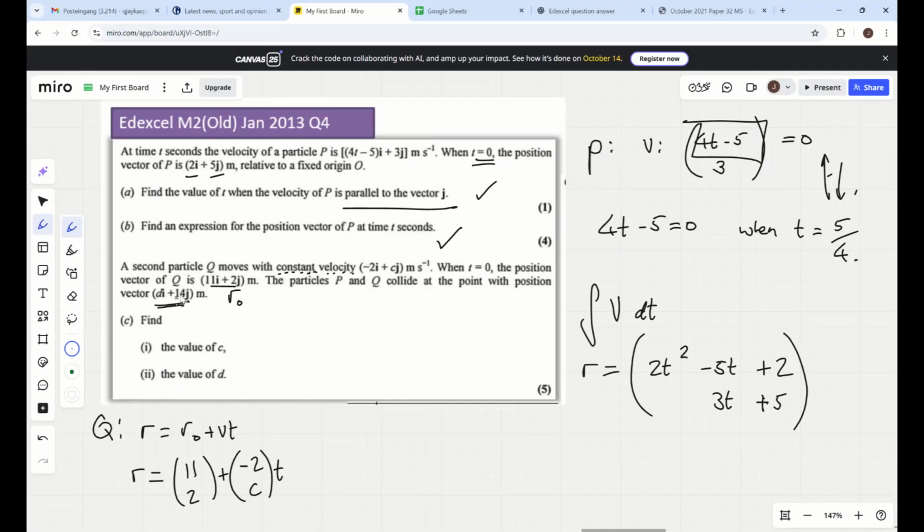So let's try using this 14 first. So we know that 2 plus ct equals 14. And we also know that 3t plus 5 equals 14. So if we use the 3t plus 5 equals 14, we can get from that what? We can get that t should be equal to 3.